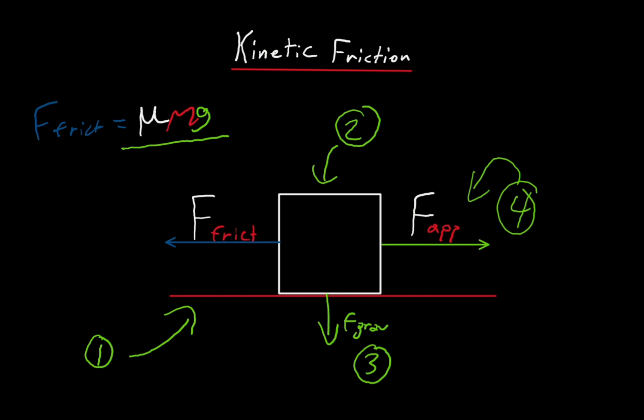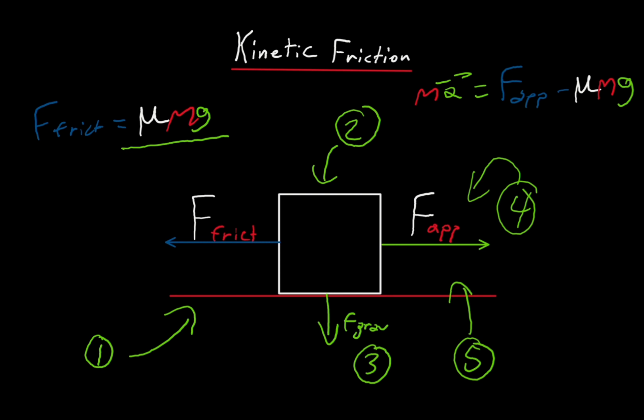And finally, there's also the overall acceleration of the box altogether. Including all these variables, the formula for kinetic friction is mass times acceleration equals the applied force minus the coefficient of friction times mass times gravity. Let's use this new formula in the next question.